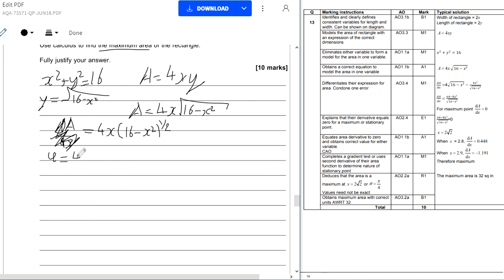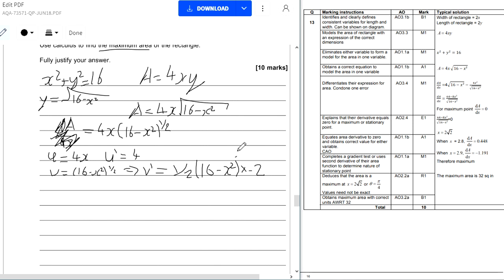I'm going to make u 4x, which makes u prime 4. I'm going to make v (16 minus x squared) to the half, which differentiates to a half, because I'm taking the power down, times (16 minus x squared) to the minus a half, times minus 2, because that's the differential of minus x squared. It's the chain rule.